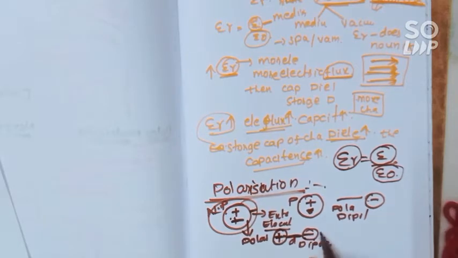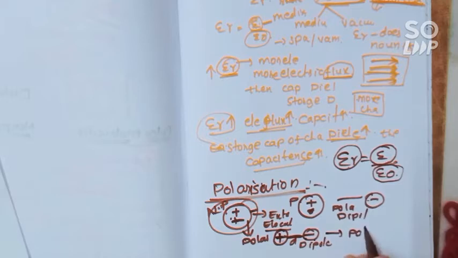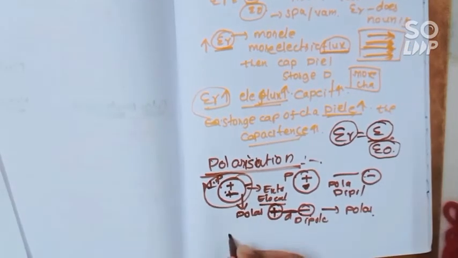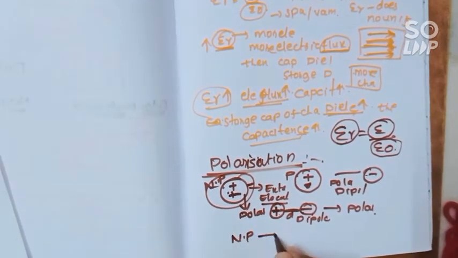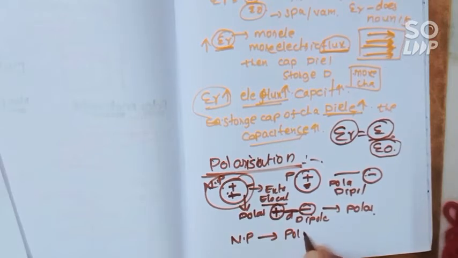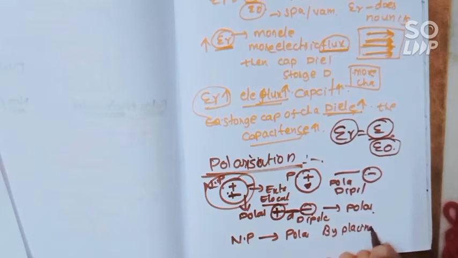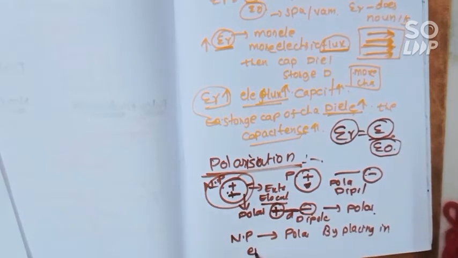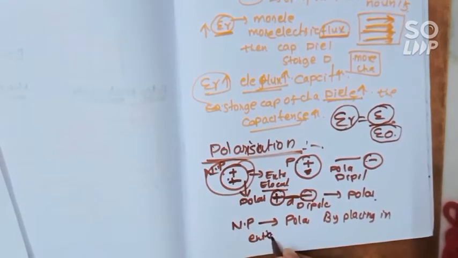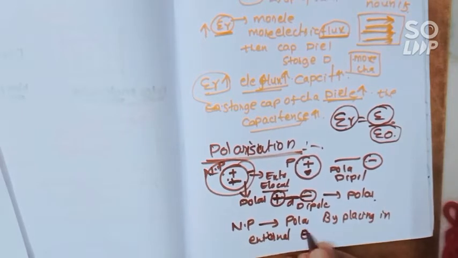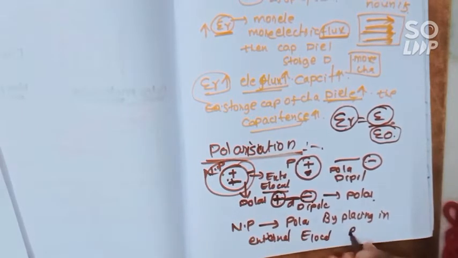This whole process is known as polarization. Simply, we can say that the process of conversion of a non-polar material to a polar material by placing it in an external electric field, that is E local, is known as polarization.